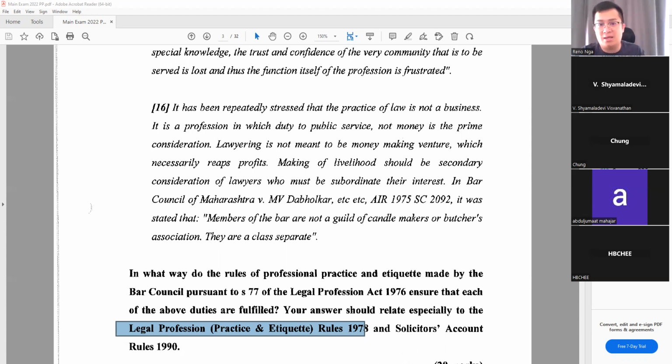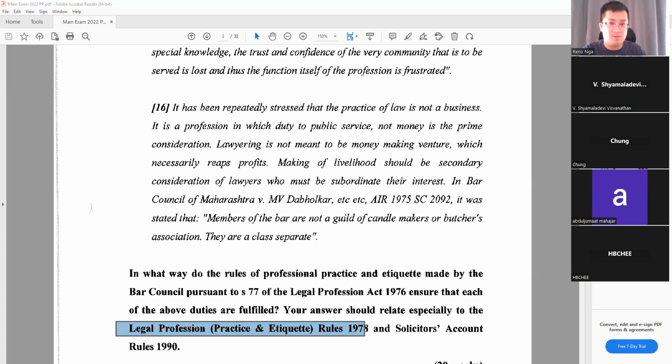However, on the other hand, if you are doing litigation, pursuant to Rule 11 of the Legal Profession Practice and Etiquette Rule, you have no scale fee to calculate the legal fee. The calculation depends on a few factors. If I may, I refer to Rule 11 LPPER.